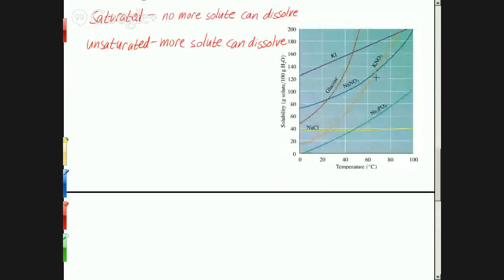It's not true that every solute increases solubility with temperature, but it is true that most of them do. The big exception to that, in terms of water solution, is gases.